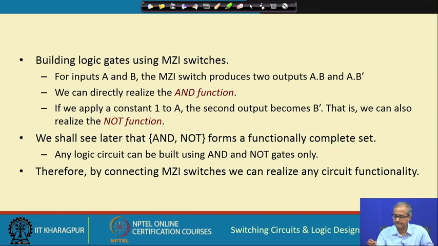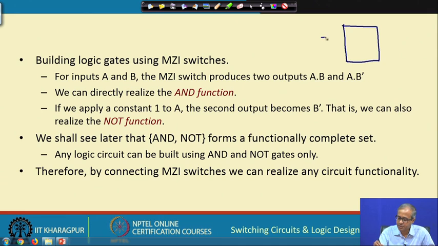So, if I treat this as a black box, there are two inputs, A and B, there are two outputs, which are A and B, the other one is A and B bar.